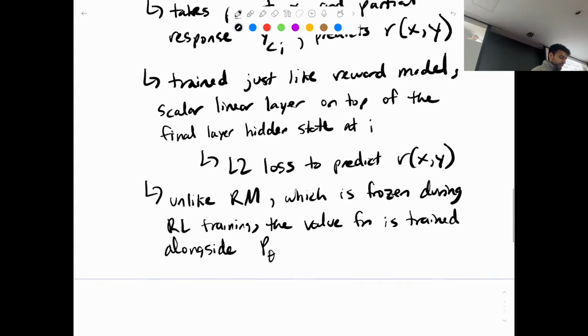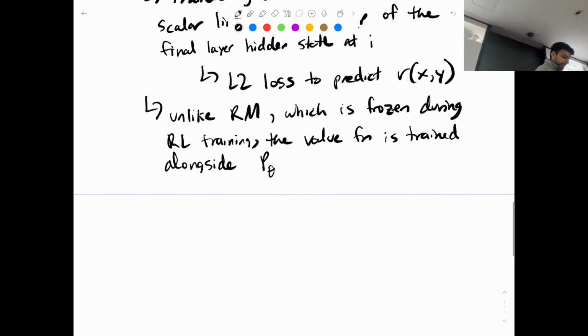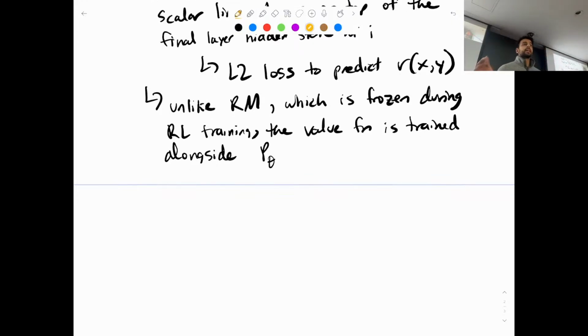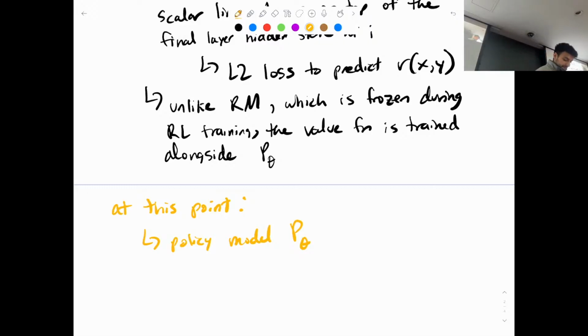So at this point, just some high-level summary of what we have in our machinery. Let me just write this down, and I'll take your question. If we are using a value function, we have our policy model p theta. This is a language model that we are updating, and we want to make its responses better.